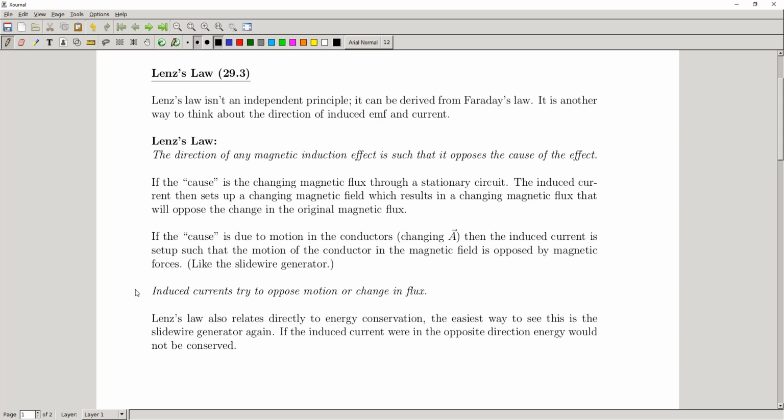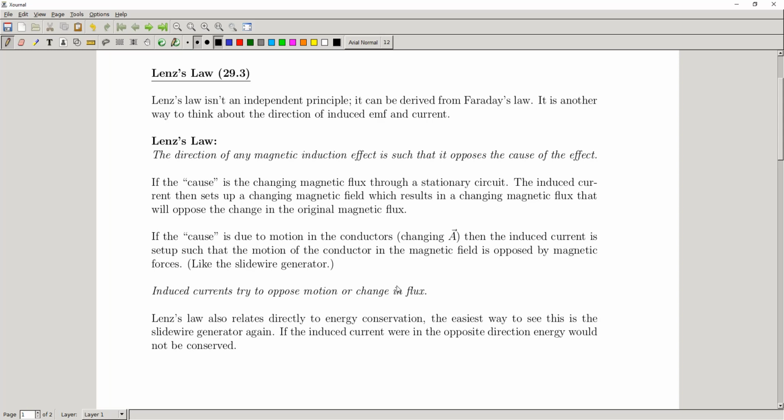I should also mention that this is really opposing motion which results in a change in our magnetic flux. We need to keep that in mind. Lenz's law is just telling us that whatever this induction effect is, it's trying to oppose whatever caused it.